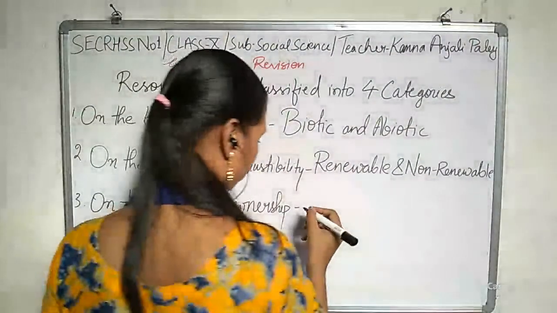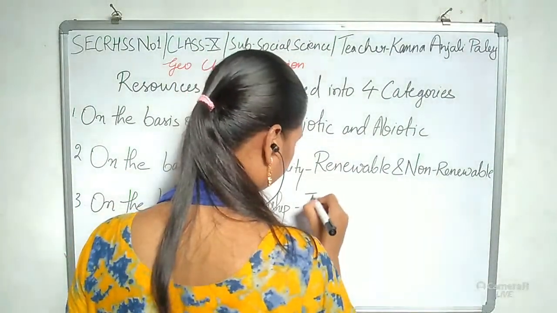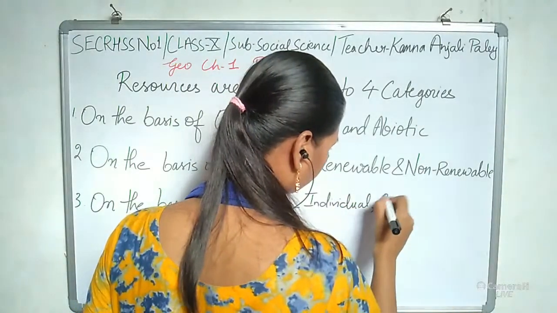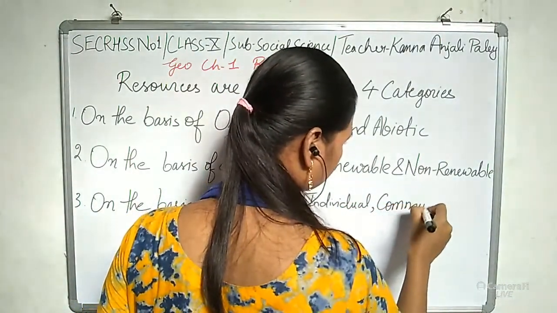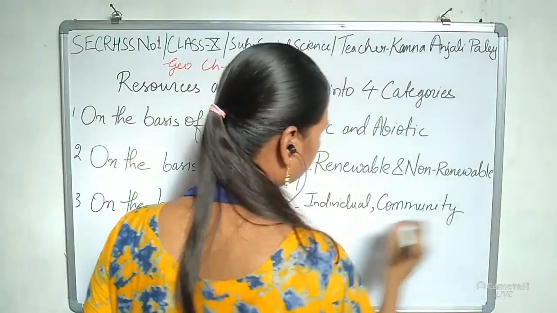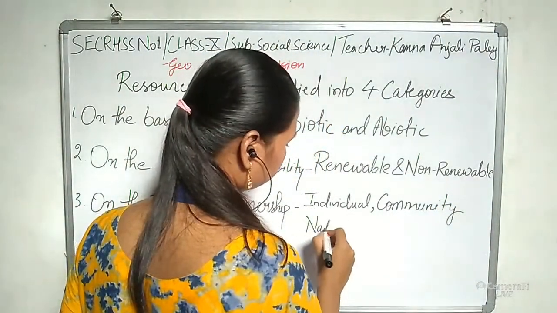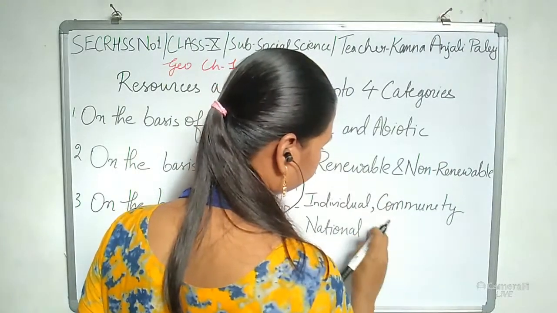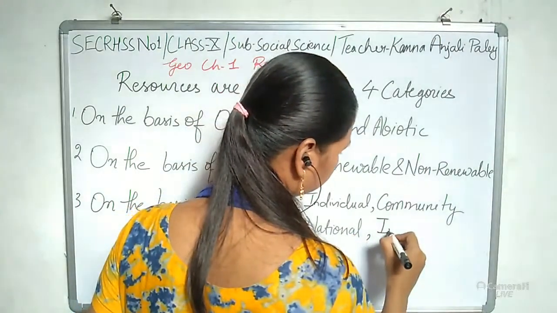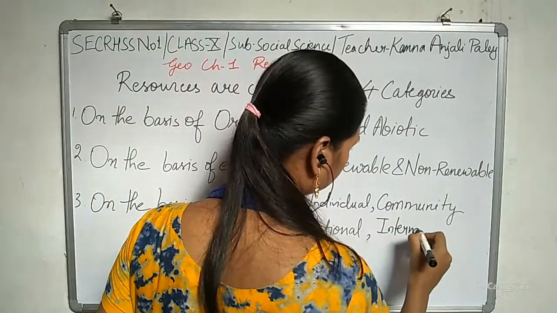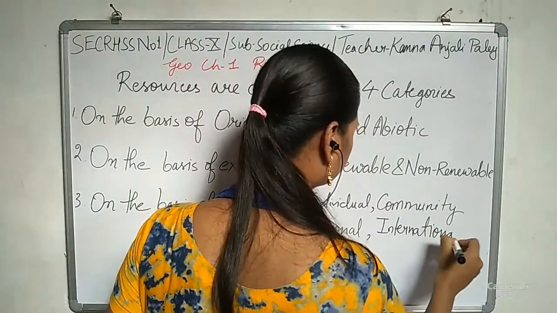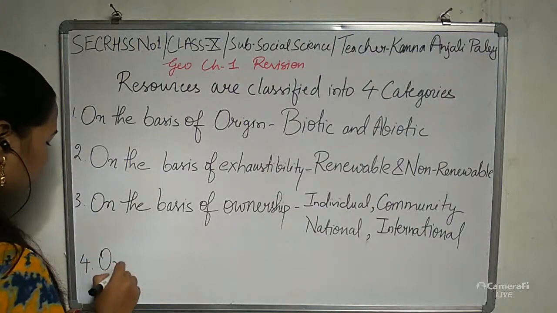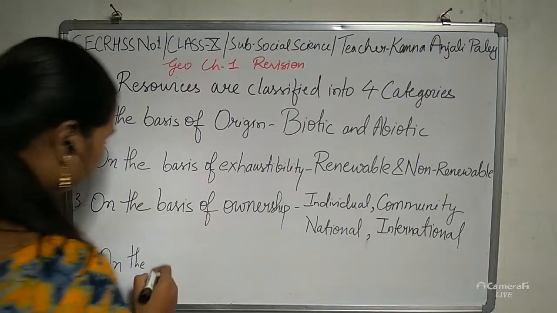It has four types of resources: individual, community, national, and international. Fourth one, on the basis of status of development.